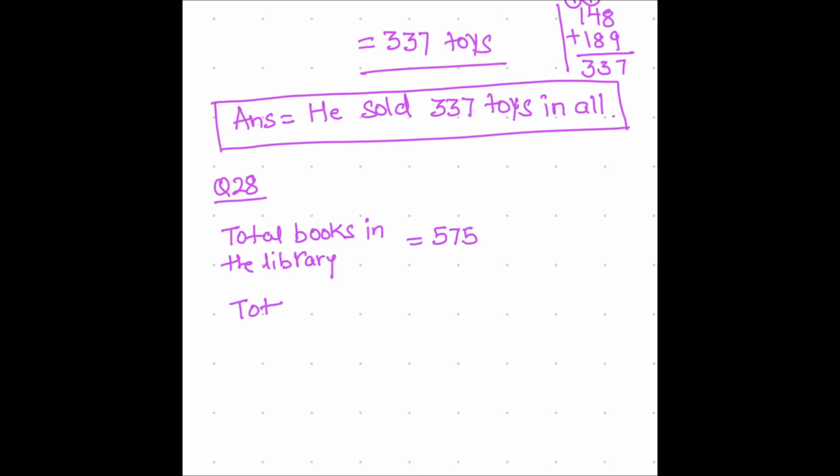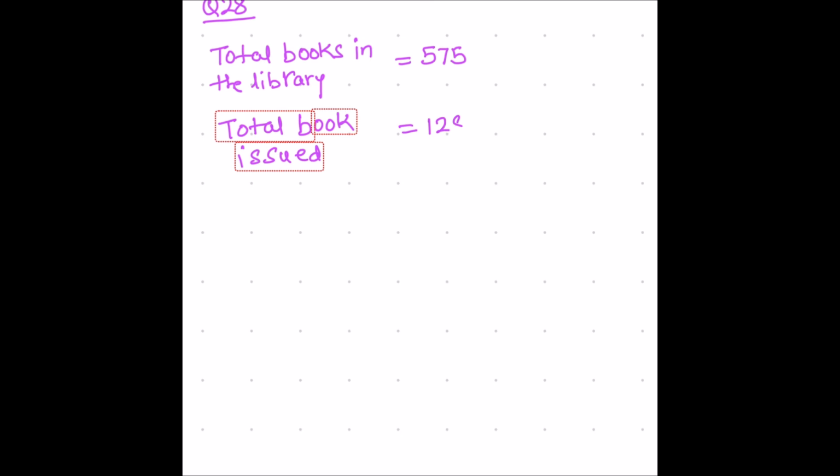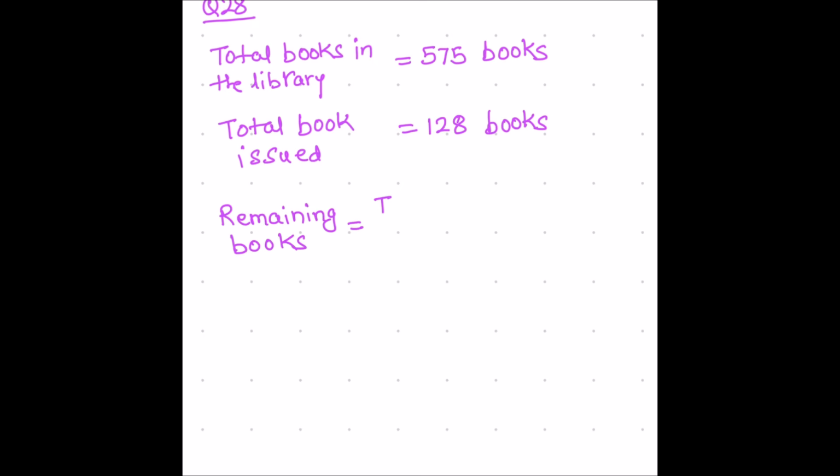Total books issued is 128, and we need to find how many are remaining. So remaining books will be equal to total books minus books issued.